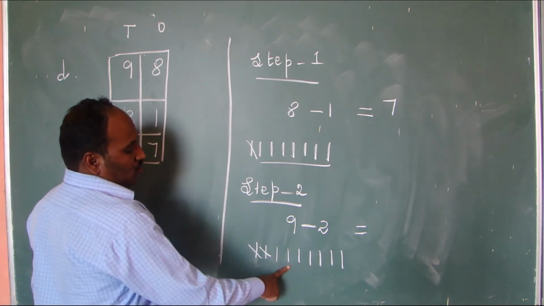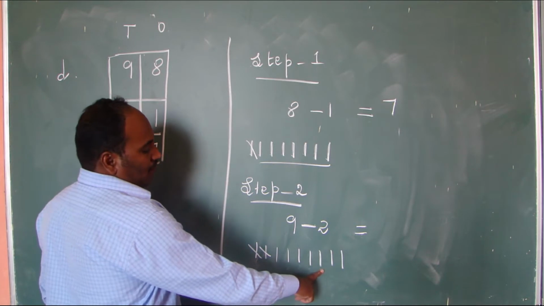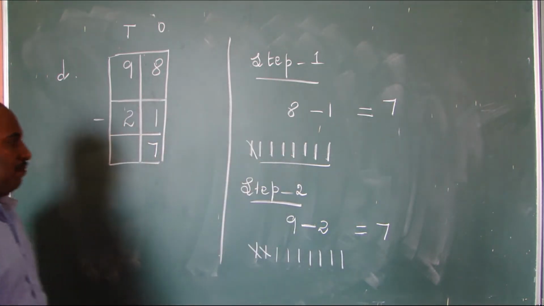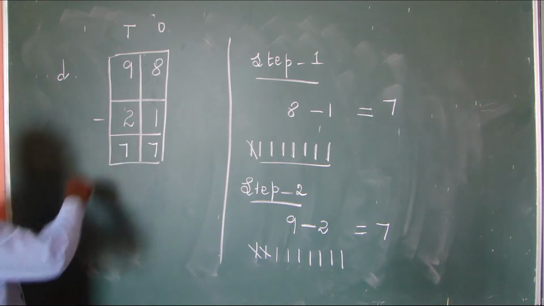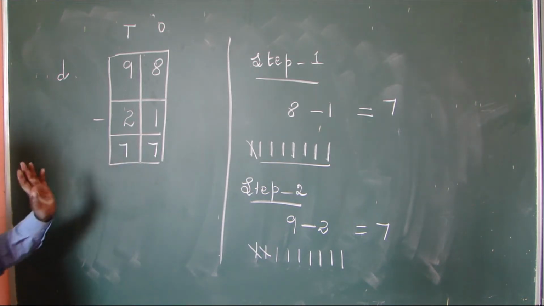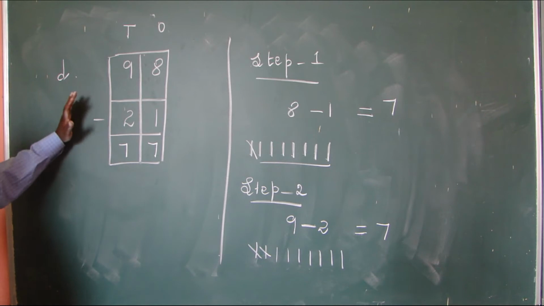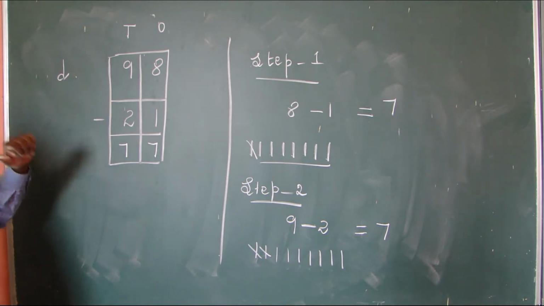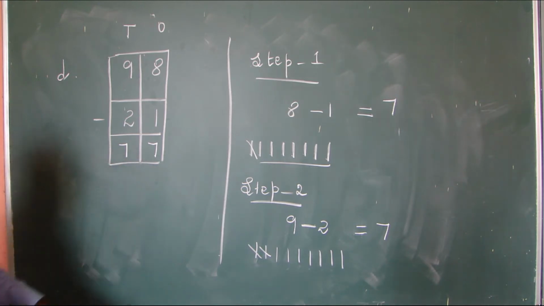Balance 1, 2, 3, 4, 5, 6, 7. 7, write in tens place. Our answer is 77. The number 21 subtracted from 98 is equal to 77.